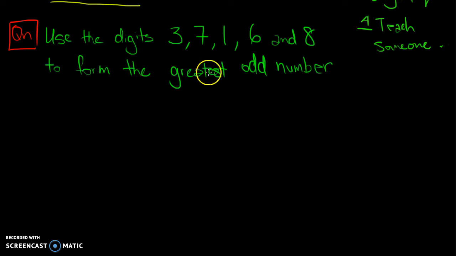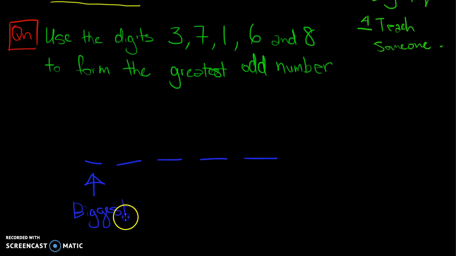I want to form the greatest odd number with these 5 numbers. I want to form the greatest number using these 5 digits. So this must be my biggest number possible, and this will be my smallest number possible.